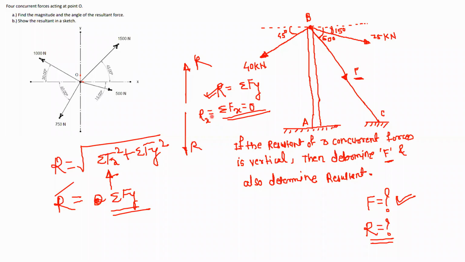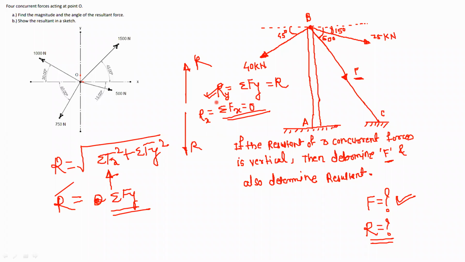Therefore Rx is 0, that means summation Fx is 0. And the y component of resultant, that is Ry, is equal to summation Fy, and it is nothing but the total resultant. So this is the equation for the resultant.